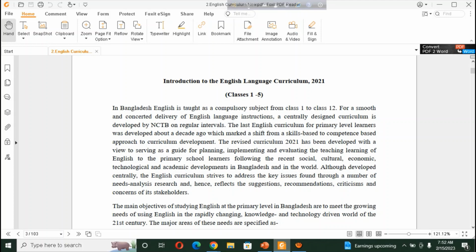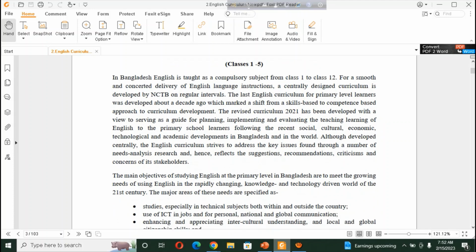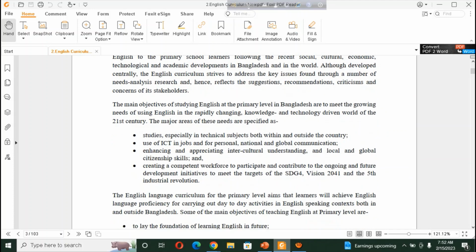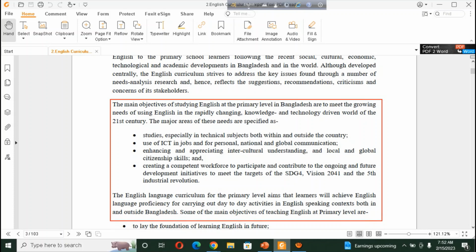2021, grade class 1 to 5, and here it mentions what is the main objective of studying English in our new curriculum at primary level. So we can say, to meet the growing needs of using English in the rapidly changing knowledge and technology driven world of the 21st century.